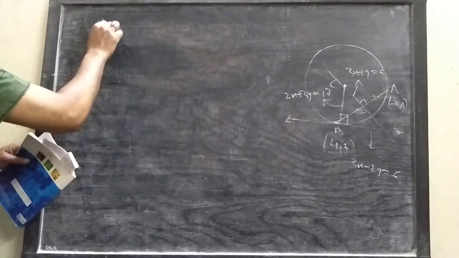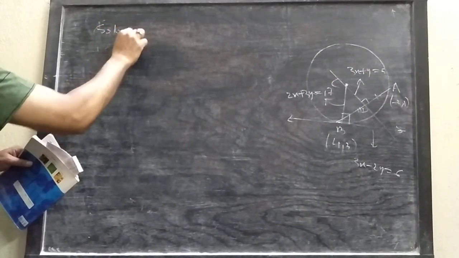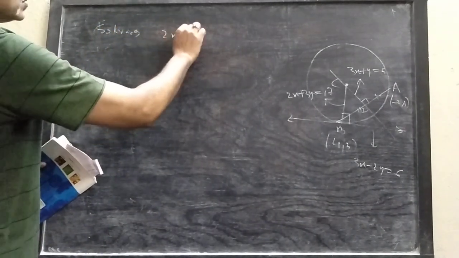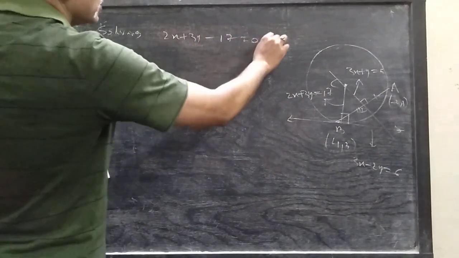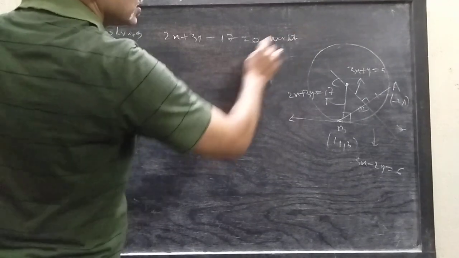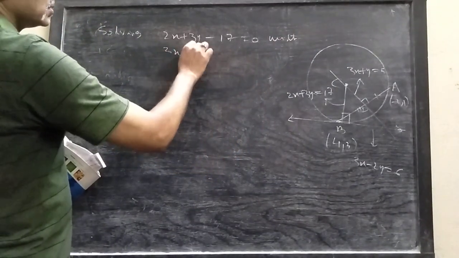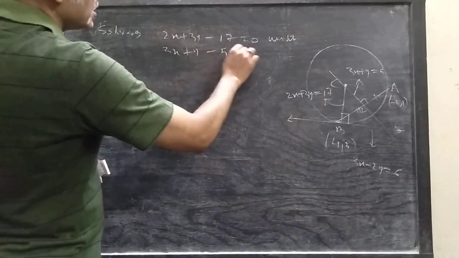Now solving x plus 3y minus 17 equals 0 with 3x plus y minus 5 equals 0.